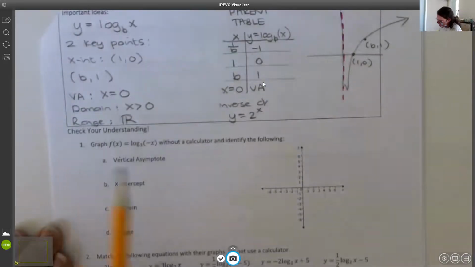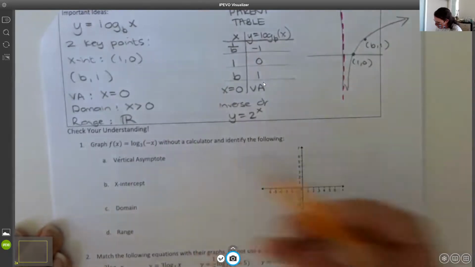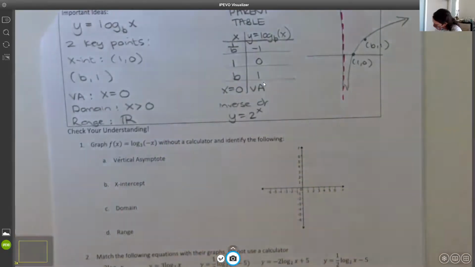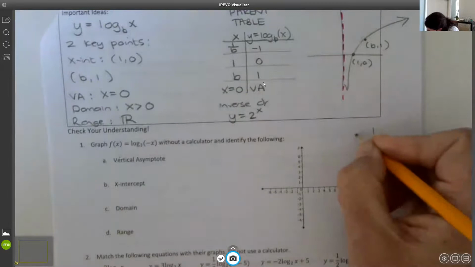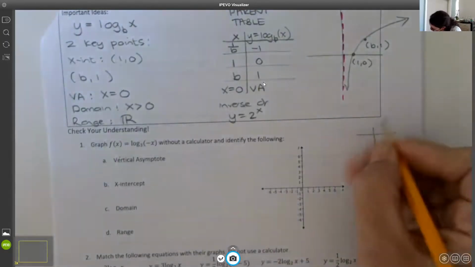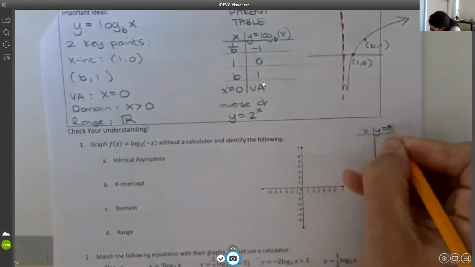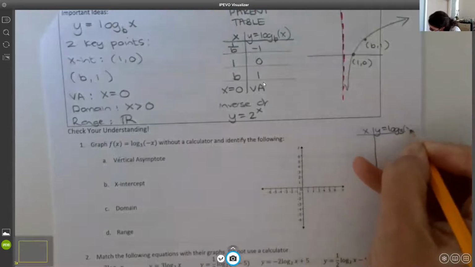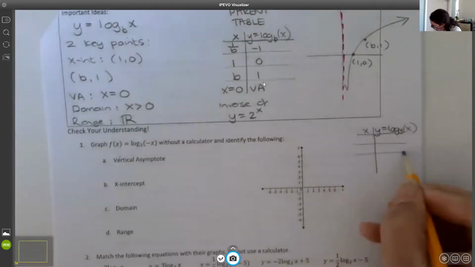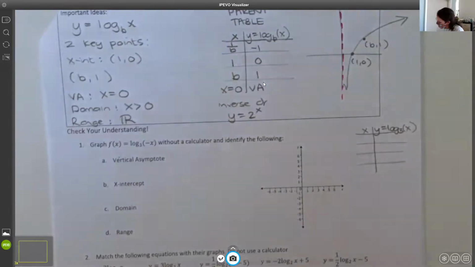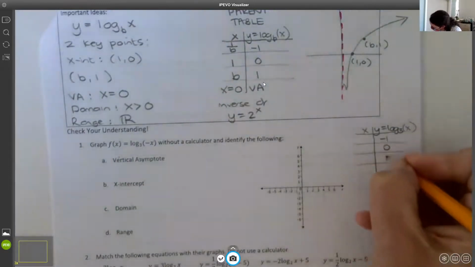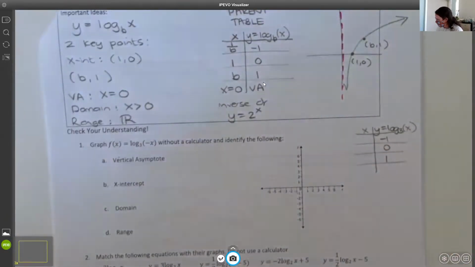So this one's asking us to graph the function log base 3 of negative x without a calculator and identify the following. So I'm going to start with my parent table. And this time it's log base 3 of x. So my parent table, I'm going to start with -1, 0, and 1 in my y's.